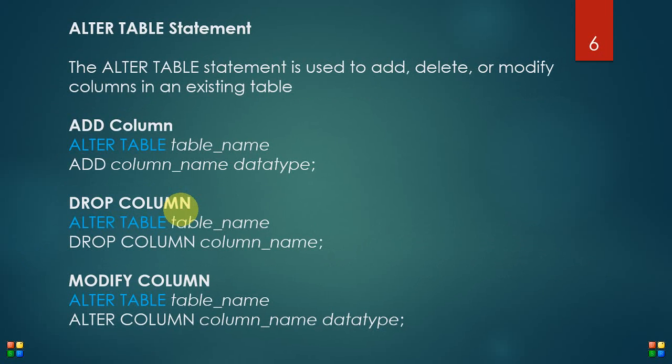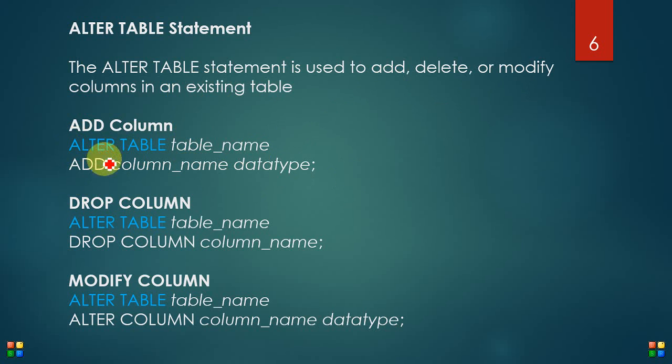Now here we have three different commands in order to add a column, to drop a column, and to modify a column. Let's go one by one. The alter table statement is used to add, delete, or modify columns in an existing table. In order to add a column, you'll be writing the syntax: alter table, table name, add column name, and data type.